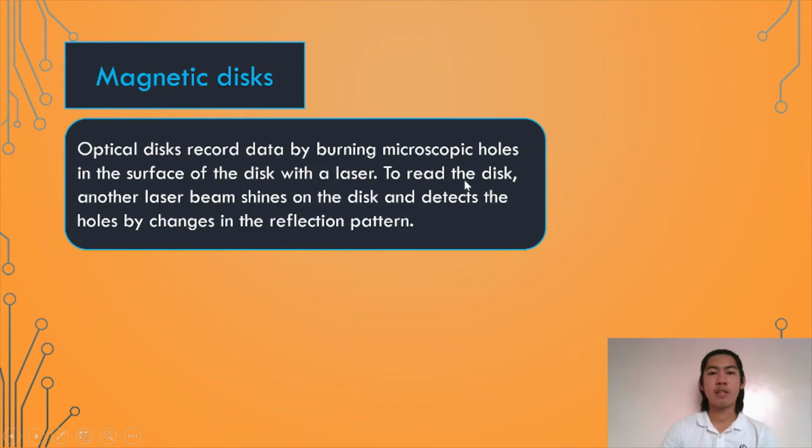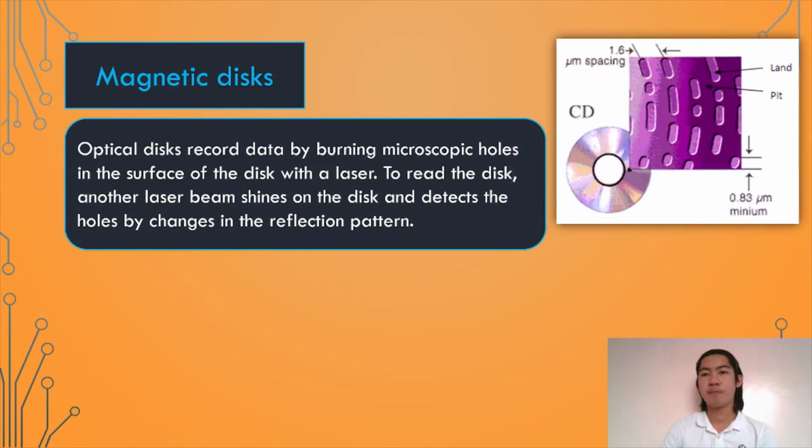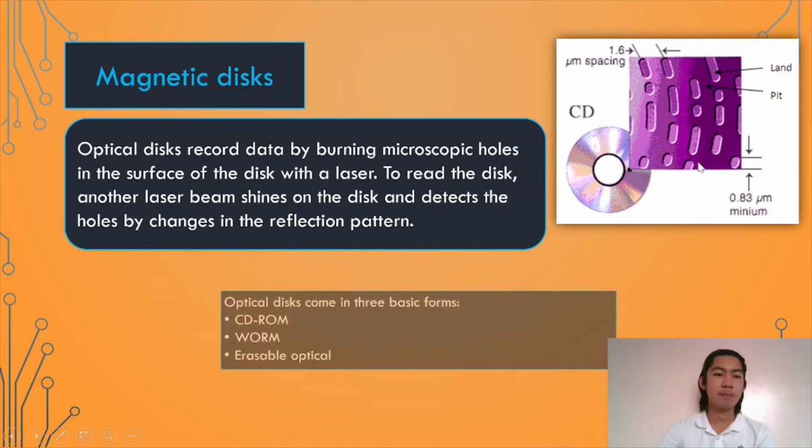To read the disk, another laser beam shines on the disk and detects the holes by changes in the reflection pattern. So ganito yung for example nito, yung sa CD is pag i-zoom in natin ito gamit yung mga microscope, for example ganyan, ito yung makikita natin na microscopic holes.